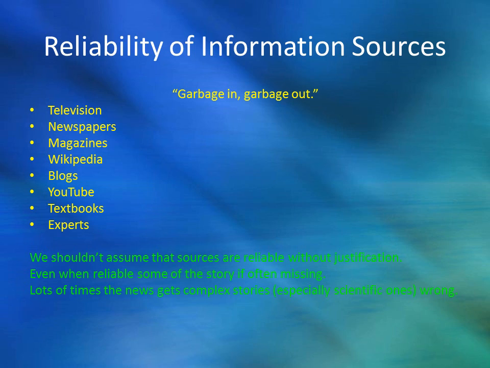But even when they're reliable, it's good to realize that oftentimes part of the story is missing. They might not know the whole story themselves. They might leave part of the story out because they don't realize the significance of it. They might leave part of it out deliberately.